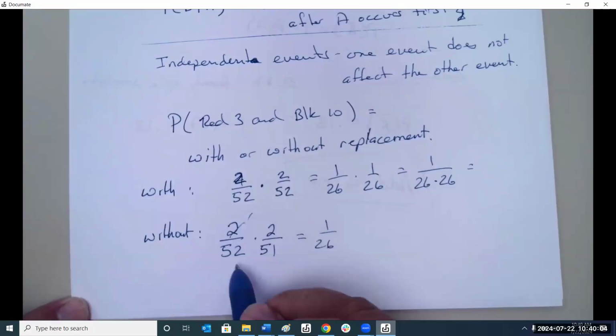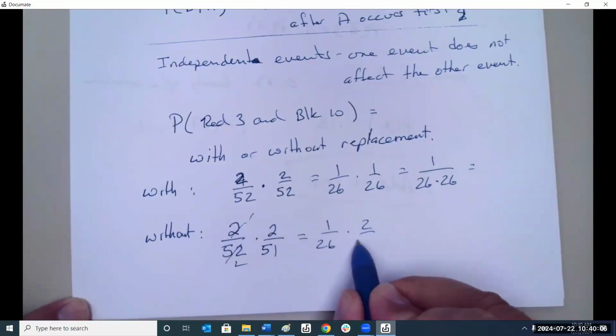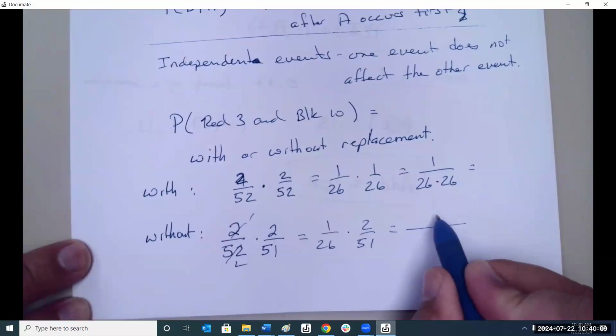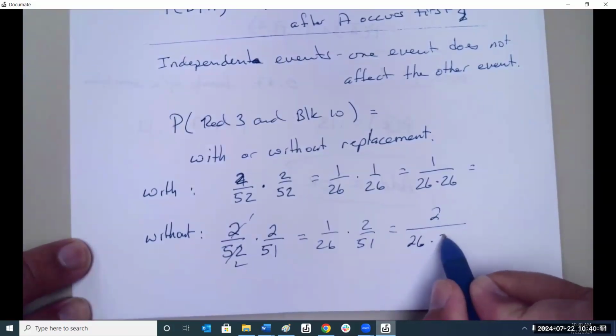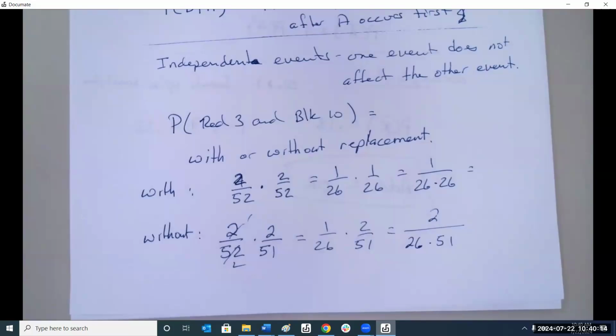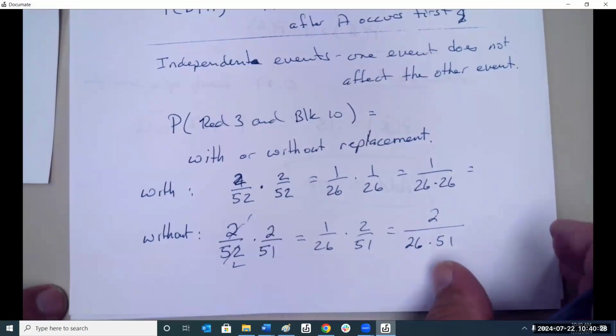So we can simplify that to 1 over 26 times 2 over 51. So you see, it changes the odds dramatically. It changes what the outcome is going to be dramatically. So you have to be cautious about, can the events happen at the same time? Can they overlap? Are they independent or are they dependent?